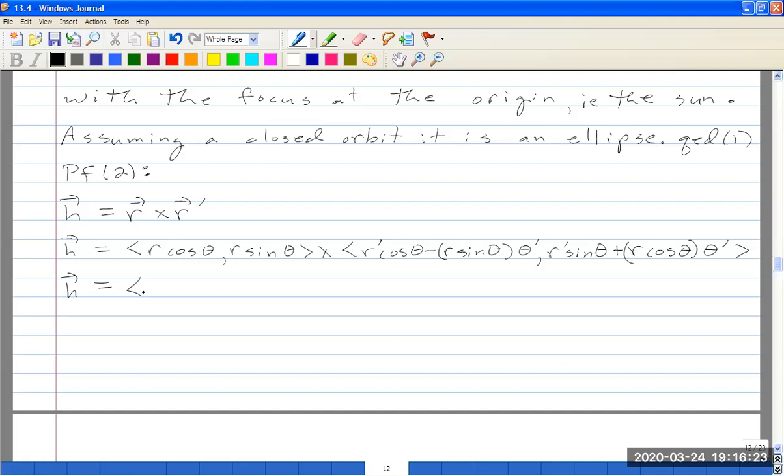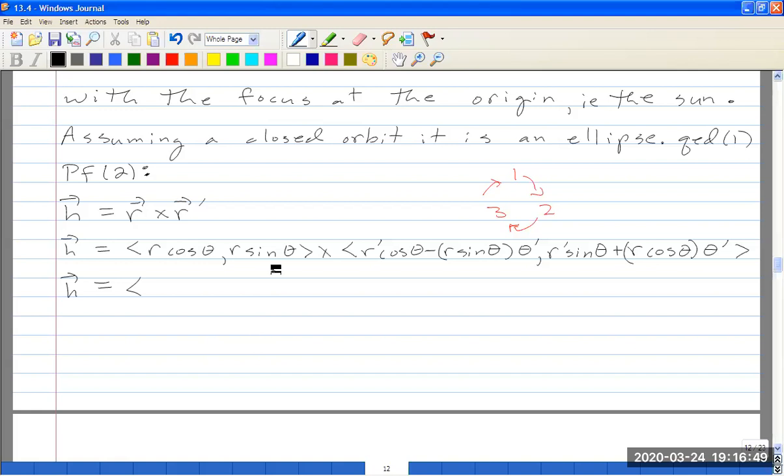So let's do this vector product, the cross product. So you do 1 first, so it's 2, 3.